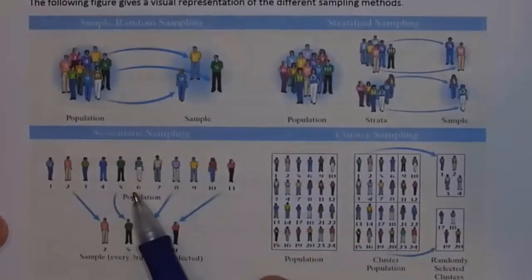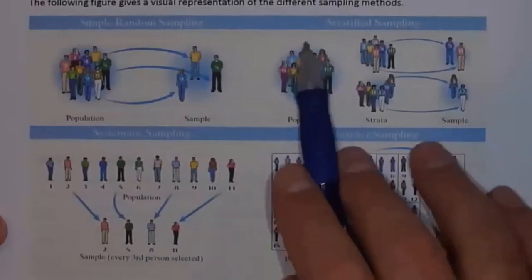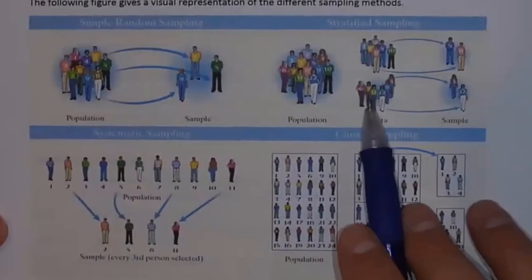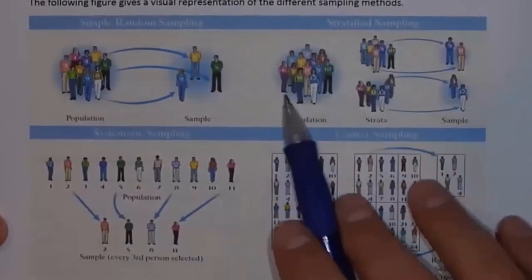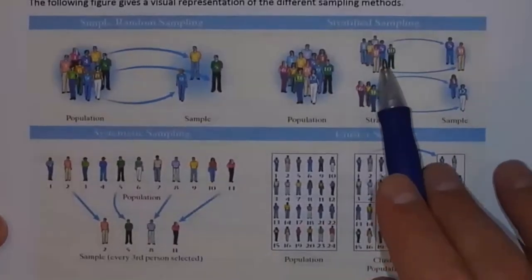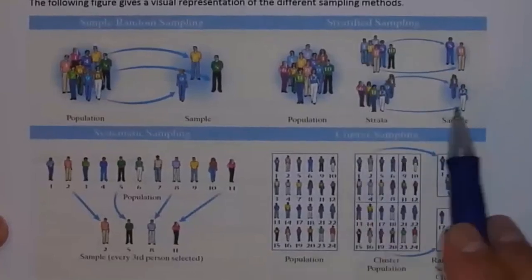In this case, we've picked 3. With stratified, we take our population and we divide them into homogeneous subgroups. Like in this case, it looks like we've divided the population into men and women. And then we randomly select some individuals from each subgroup. So a couple of men and a couple of women.